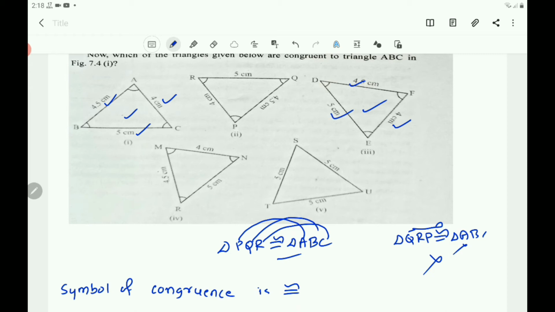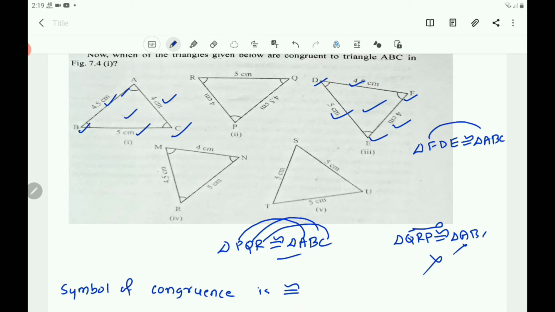So you can write FD corresponds to AB, DE corresponds to BC, EF corresponds to CA, and vertex F corresponds to vertex A, vertex D corresponds to vertex B, and vertex E corresponds to vertex C. And you can write triangle FDE is congruent to triangle ABC.